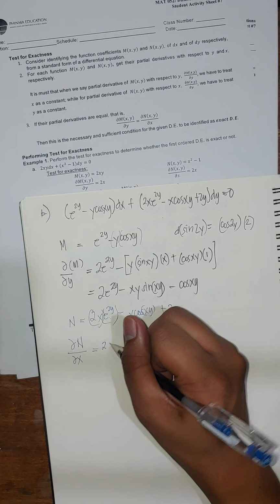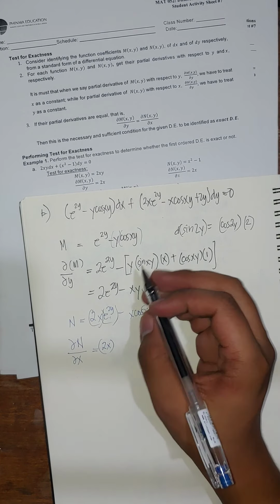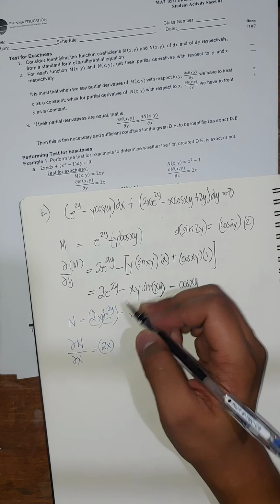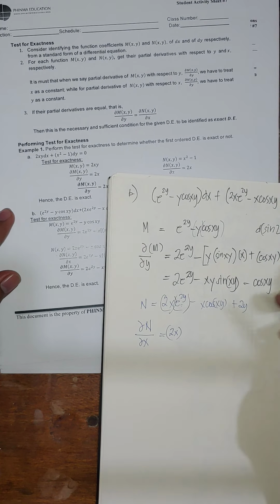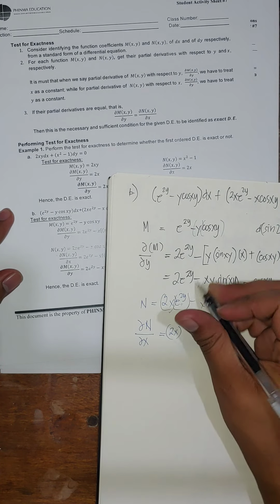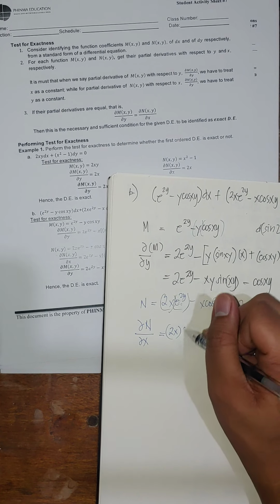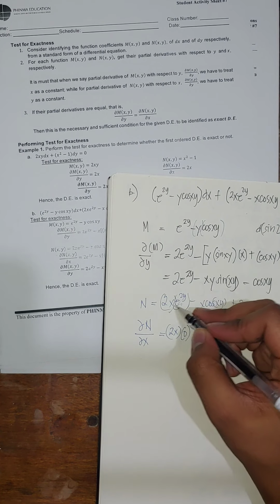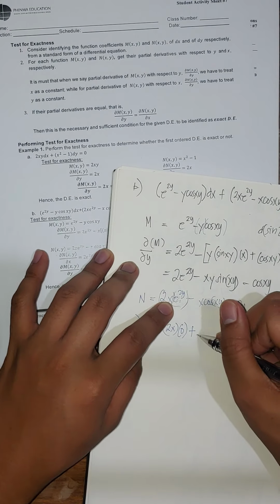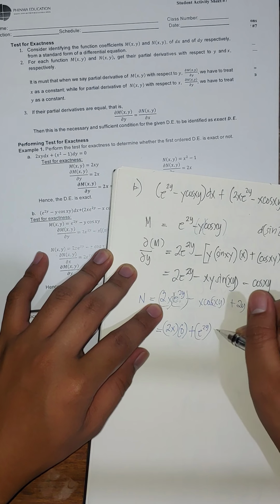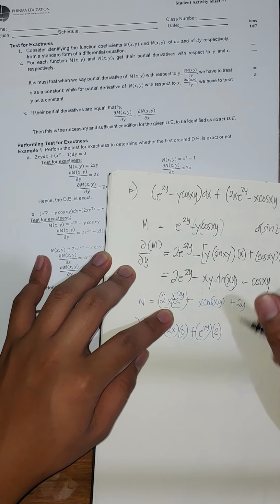So 2x times, this is a constant, so the derivative of the constant we just retain as 2e to the 2y. The 2y becomes a constant, so its derivative is 0. 2x times the derivative of this, plus e to the 2y times the derivative of 2x, which is 2.